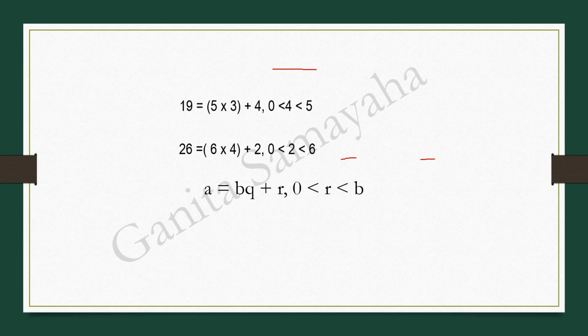So given any two numbers A and B, it can be written as A is equal to B into some quotient plus R, where R is the remainder, and R can take values between 0 and B, which is the divisor.